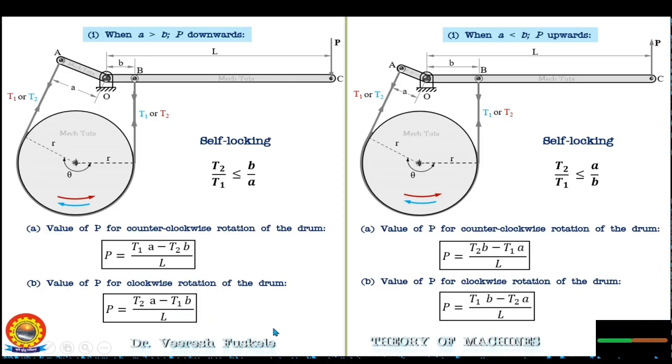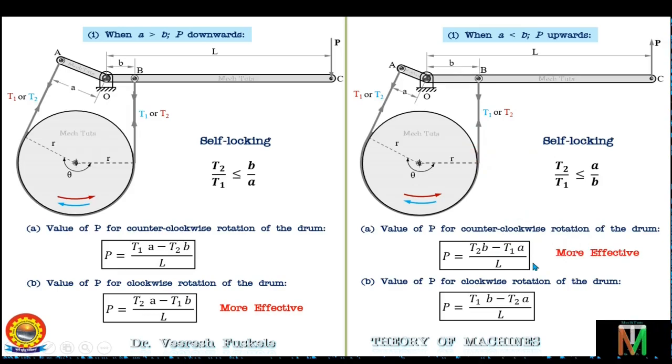Similarly, for case 2, when A is less than B and the force P is applied in the upward direction, the effort P required is less when the rotation is counterclockwise, assuming the brake is effective. So, in case of A greater than B, clockwise rotation will be more effective, and in case of A less than B, counterclockwise rotation will be more effective.